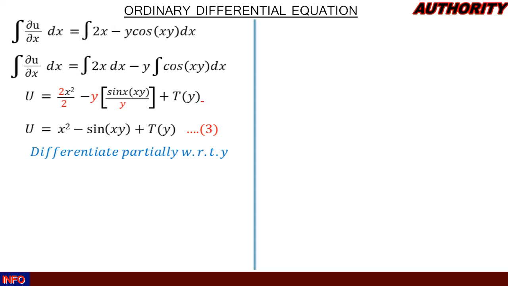So the partial derivative of u with respect to y is equal to, in this case, we have x squared. We are talking about the partial derivative with respect to y, so we regard x squared as a constant, and when you differentiate a constant, it gives you what? 0. So x squared here is going to give us 0.